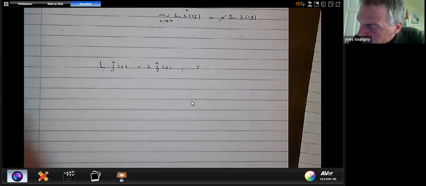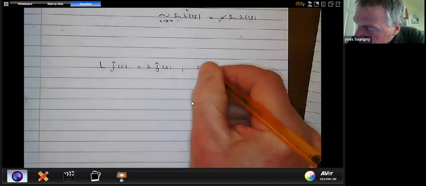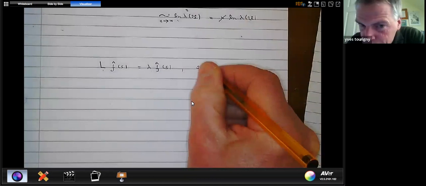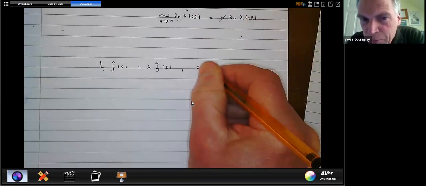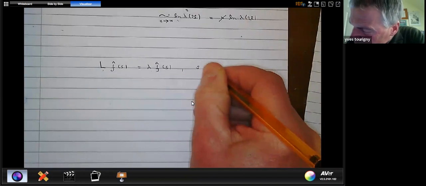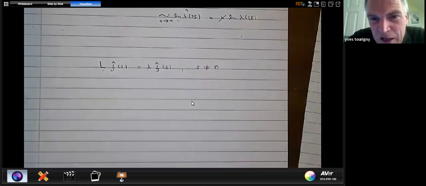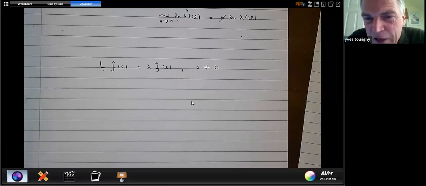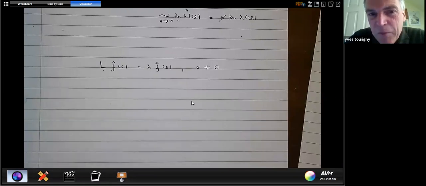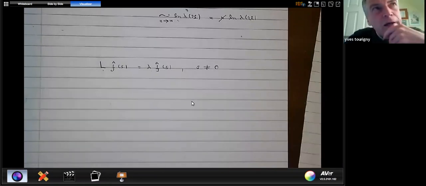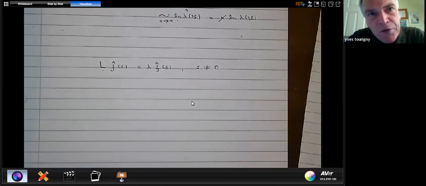Now, the functions that I'll be looking for will certainly have a problem at 0. So this differential equation will be valid only if S is not 0. Because if you remember what I had on the previous slide, the behavior of the V's at infinity is algebraic.